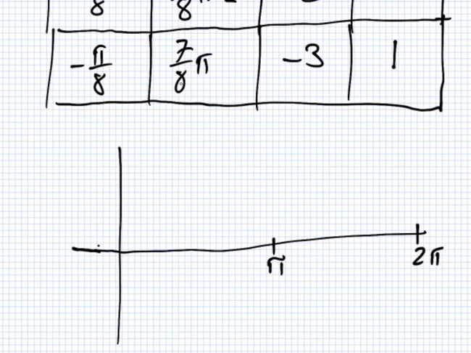I took the 2 out. In fact, this is the normal way you should write these. And the reason for doing that is we normally call this A, this B, this C, and this D here.